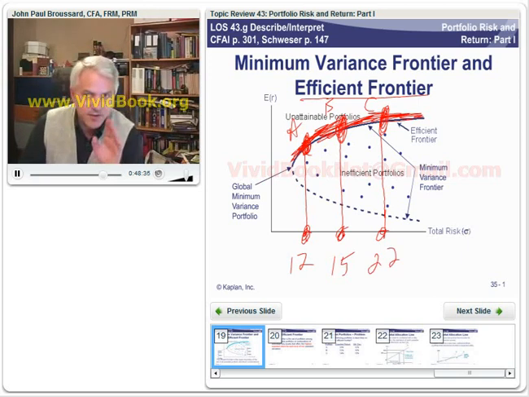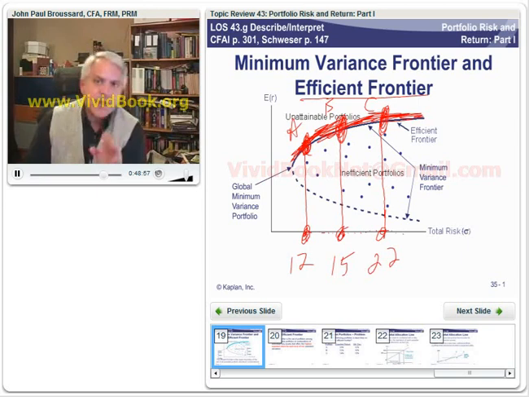I'm just making those numbers up. You don't need to know them. What you should recognize is that at any point on the standard deviation spectrum, if you go up in return, the portfolio that generates the highest return is going to be the efficient portfolio.